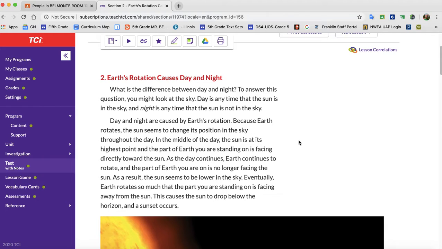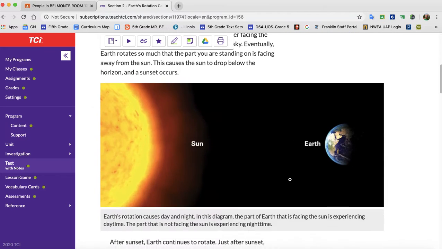As the day continues, Earth continues to rotate, and the part of Earth you are on is no longer facing the sun. As a result, the sun seems to be lower in the sky. Eventually, the Earth rotates so much that the part you are standing on is facing away from the sun. This causes the sun to drop below the horizon and sunset occurs.